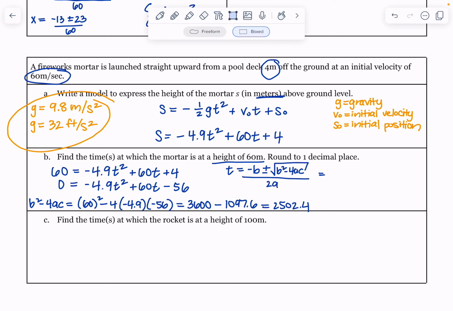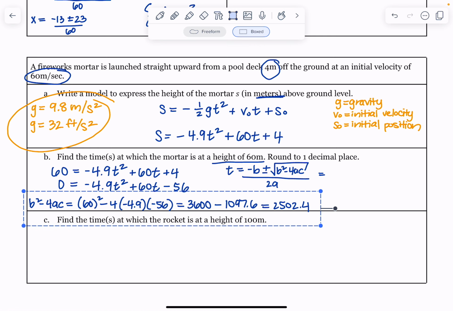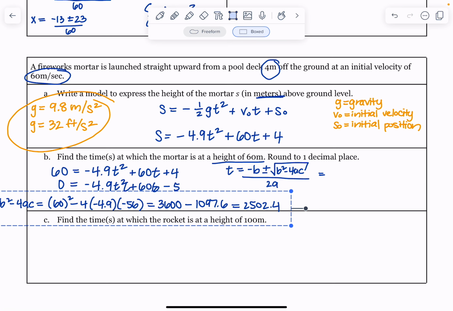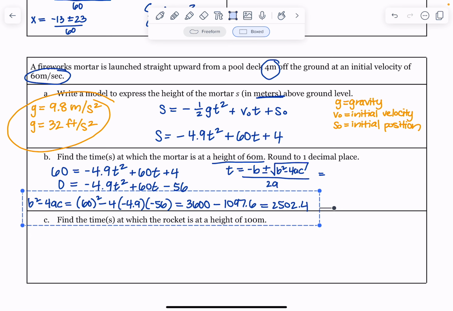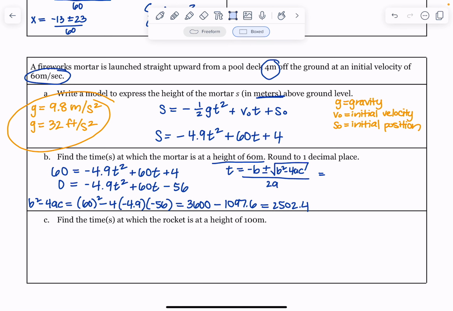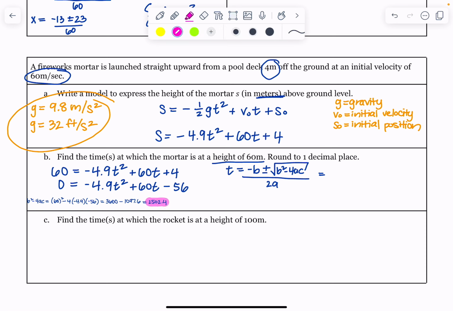So I'm going to make that small, just to get it out of the way. Okay, so we're going to take this and substitute it right here.